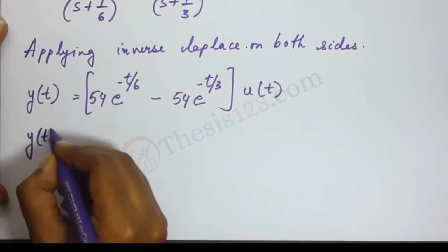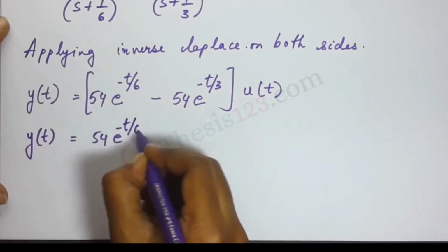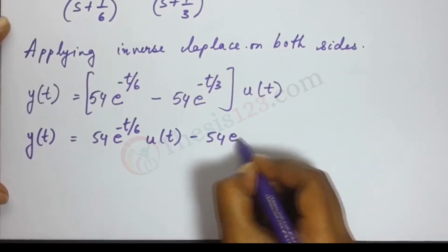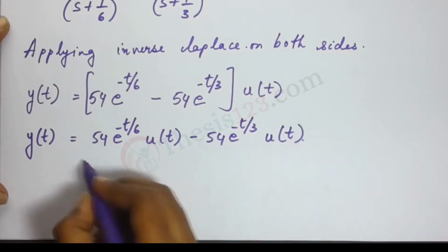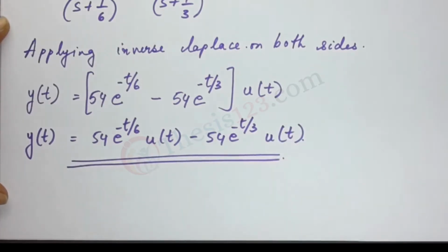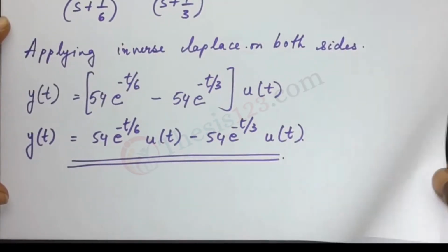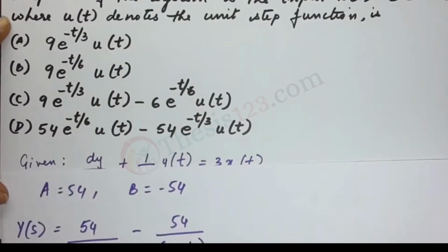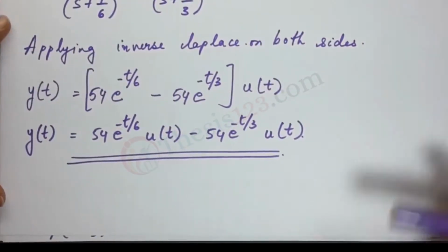So the final expression would be y of t is equal to 54 e power minus t by 6 u of t minus 54 e power minus t by 3 u of t. So this is our final equation, and that matches option, let's see, that matches option D. So this is our final answer. I hope this has helped.